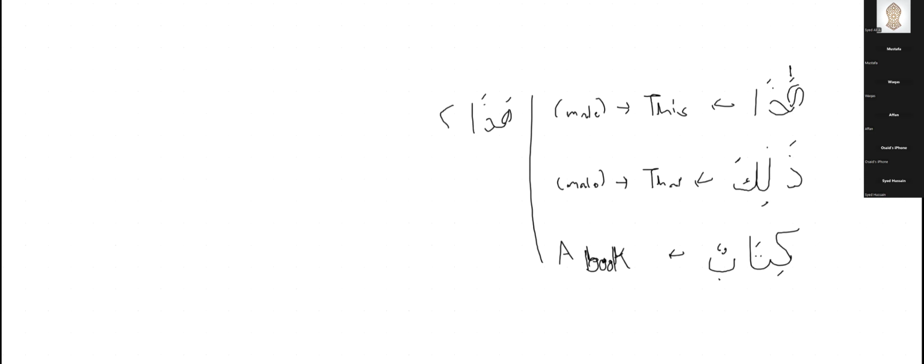So kaf, ta, alif, kita, and then ba, kitabun. And this translates to: this is a book. One important thing here is that this word just means this, and this word just means a book. So this, a book.